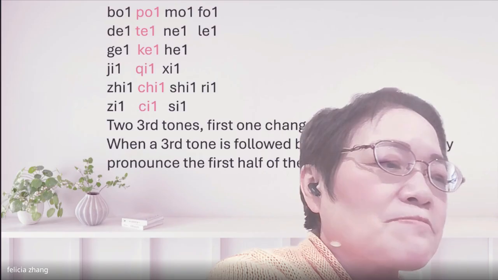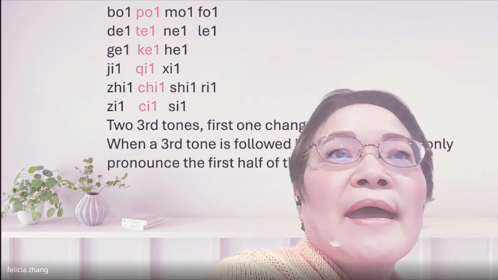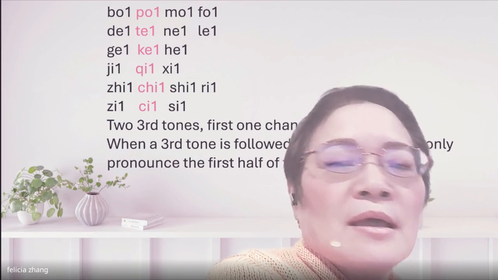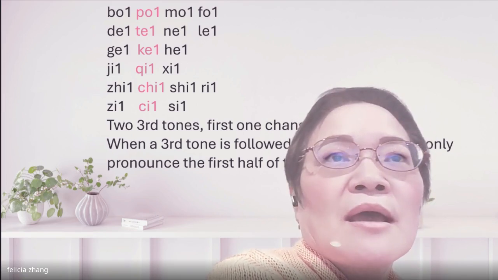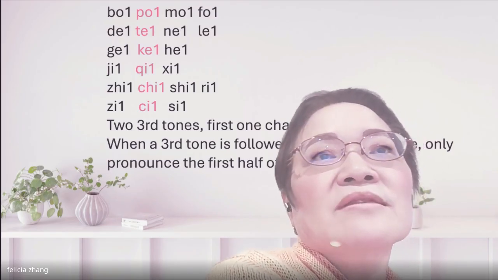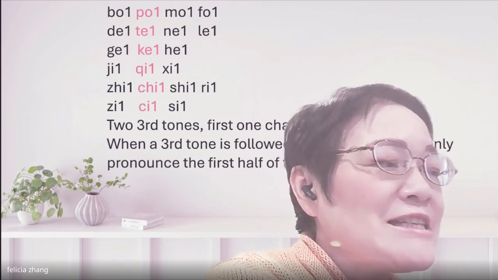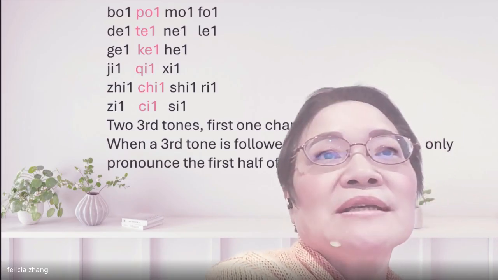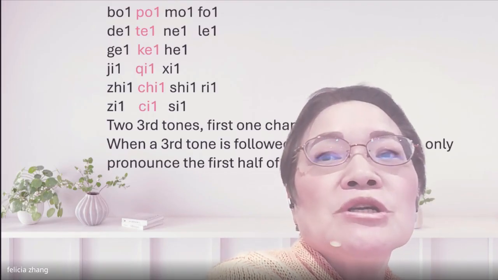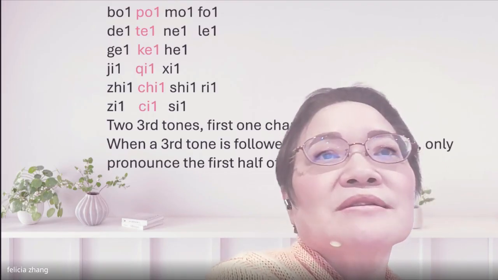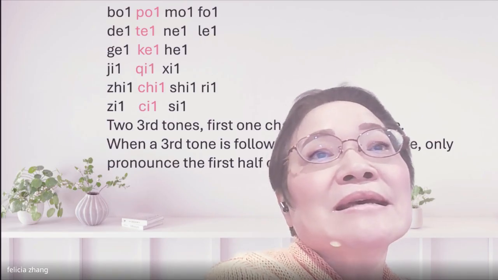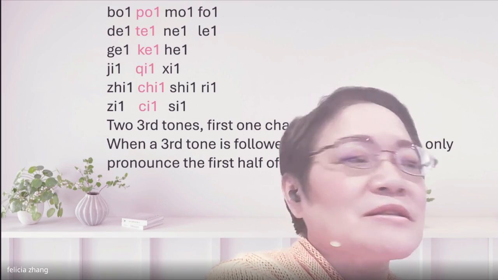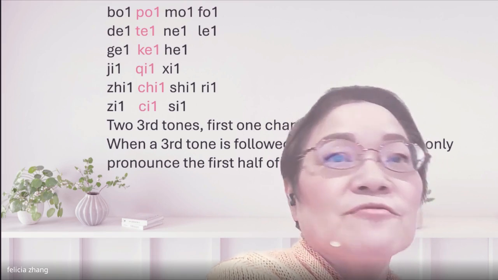And ku. Ku is aspirated, ku first tone. And then the next one, qi is again like tu, qi is aspirated. And chi is aspirated. And ci is aspirated. And zi, I forgot to put zi on that.